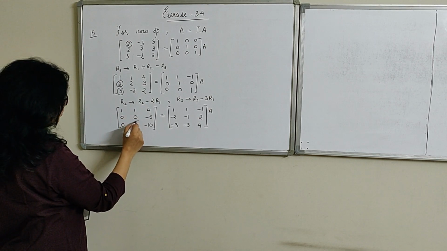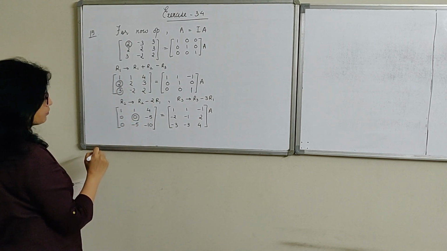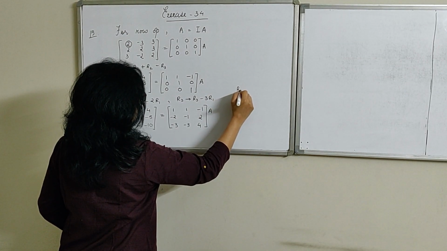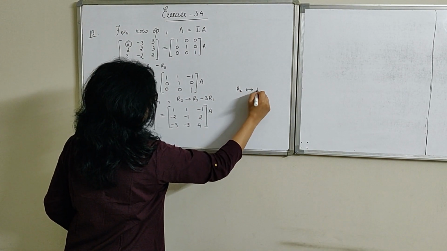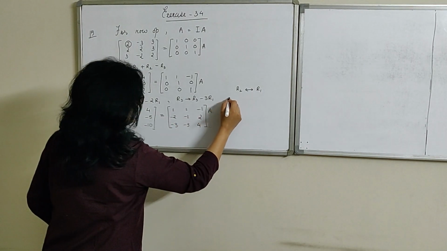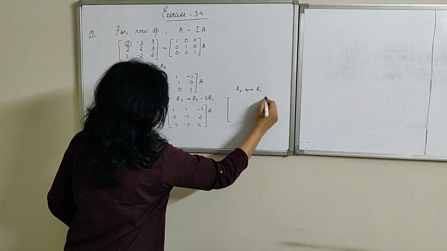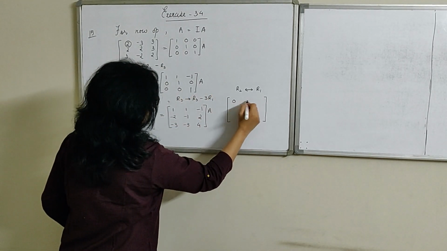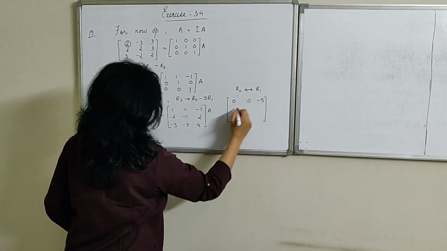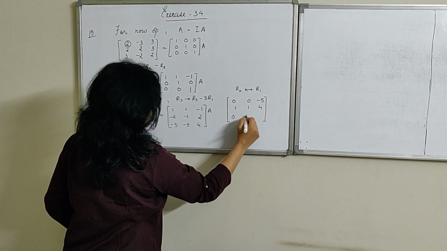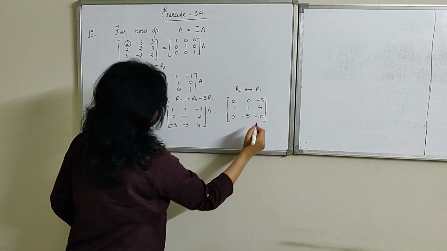Now in the next column, we want an element 1 here. So if we think that we can interchange the second row with the first row, like here, and if I write only the matrix on the left hand side after this operation, we will get 0, 0, minus 5, 1, 1, 4, 0, minus 5, minus 10.